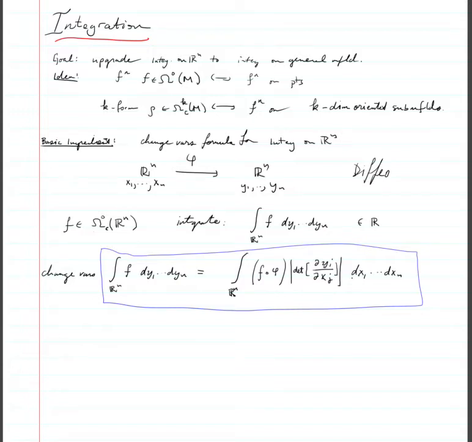Similarly, no matter how I change the variables, I'm always going to get a positive integral for that function. That's one way you can see that there must be an absolute value here, because you may do a change of variables such that this determinant has a negative value, but the integral of that positive function, you always want it to be positive. So in the traditional sense of the Lebesgue integral, when you change variables, you always have to put the absolute value of the Jacobian determinant here.